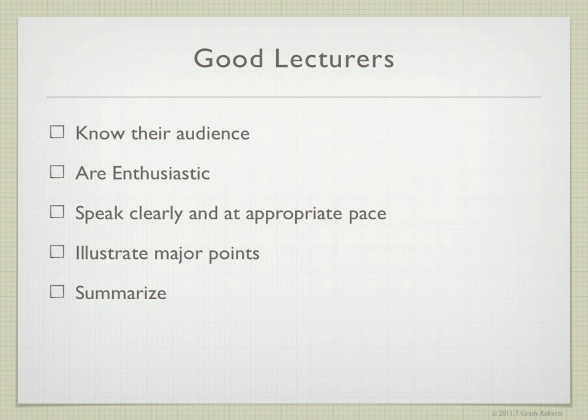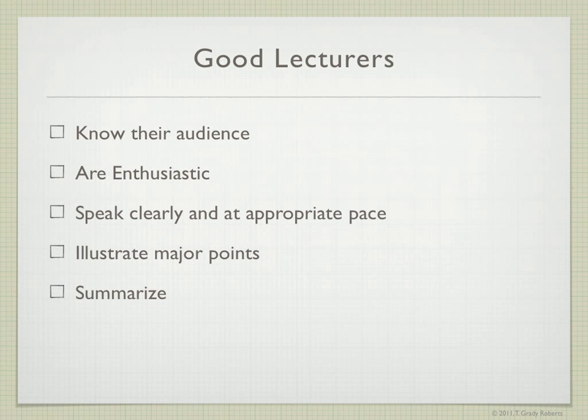So if you want to be a good lecturer, what are some things to consider? Well, one, you need to know your audience. It's difficult to pre-plan a lecture without understanding who you're presenting to, where they're coming from, and why they might be interested in what you're presenting. Good lecturers are also very enthusiastic, and we talked earlier about lectures being a good way to communicate your enthusiasm about a particular topic.